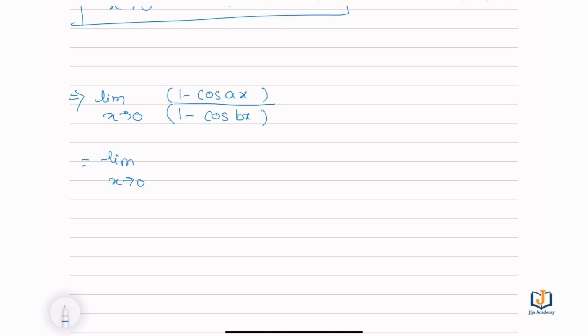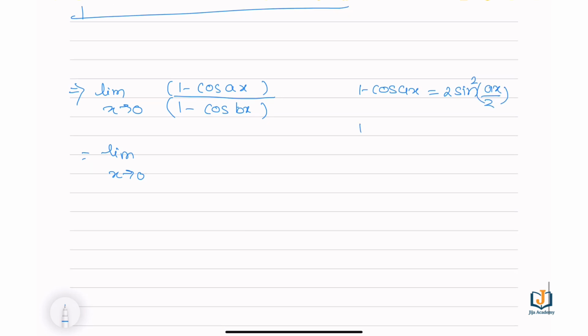We are again using the same formula: 1 minus cos ax is equal to 2 sin square ax upon 2, and 1 minus cos bx is equal to 2 sin square bx upon 2. So we get 2 into sin square ax upon 2 divided by 2 into sin square bx upon 2.